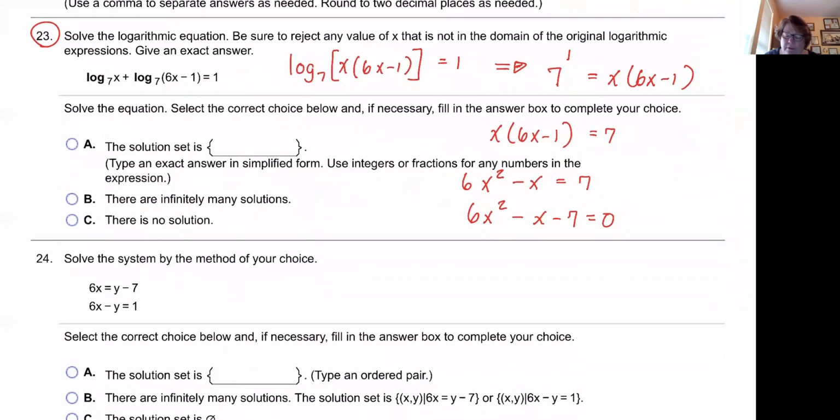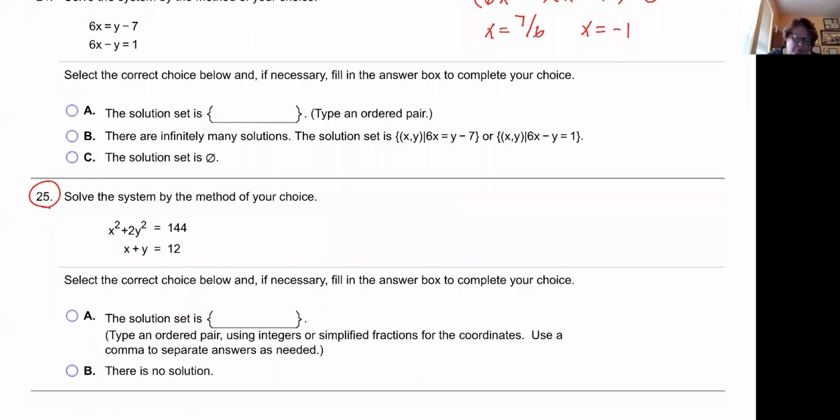And I believe this is factorable. Seven here, 1 there. I think that is correct. So we get 7, 6, x equals 7, 6 if I set that equal to 0, and x equals -1 if I set that equal to 0. And it can't be -1. That is not in the domain of the original equation, so the solution is 7, 6.